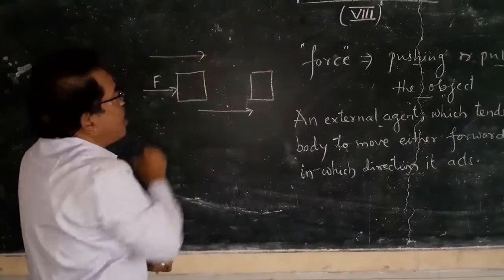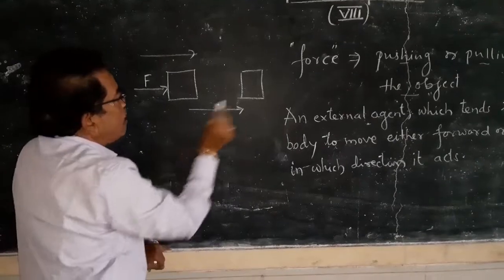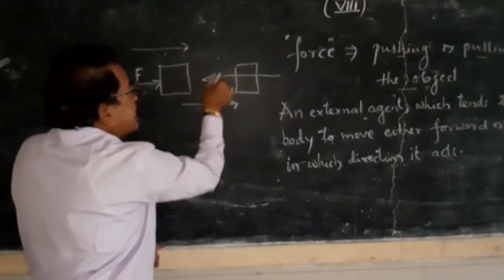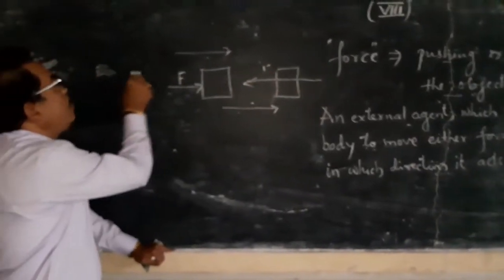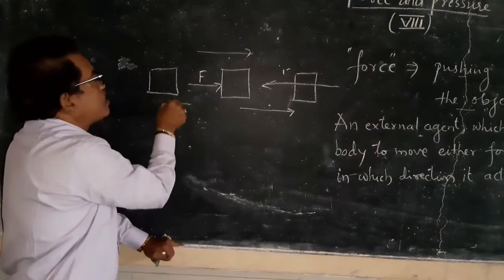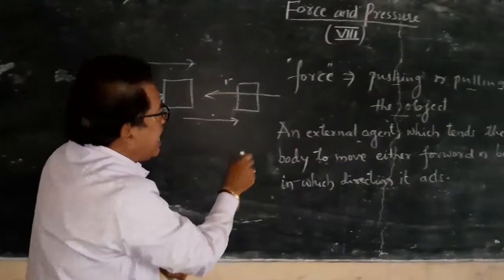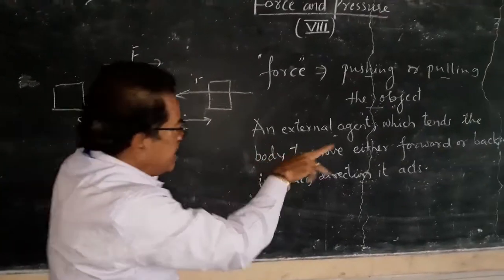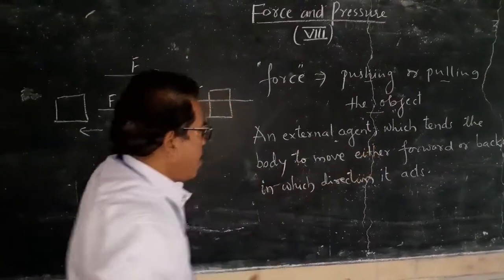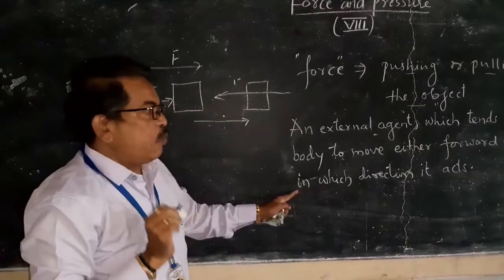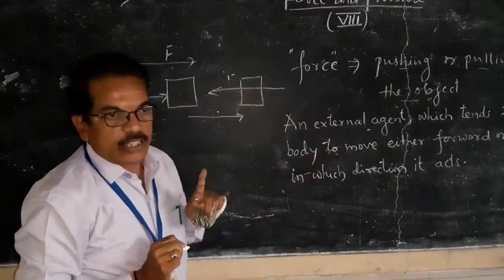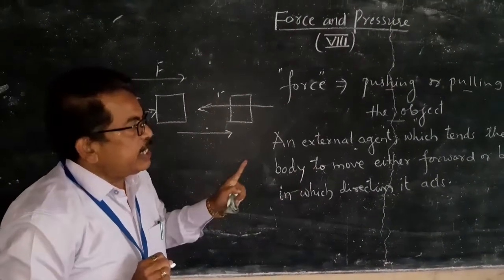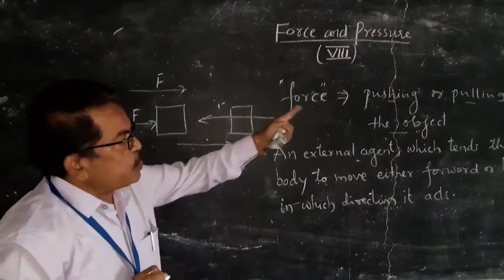Suppose if the force acts in this direction, the object will be in this place. So force is an external agent which tends the body to move either forward or backward, in which direction it acts. So it is the effect of pushing or pulling.